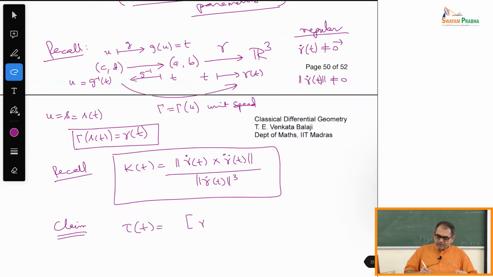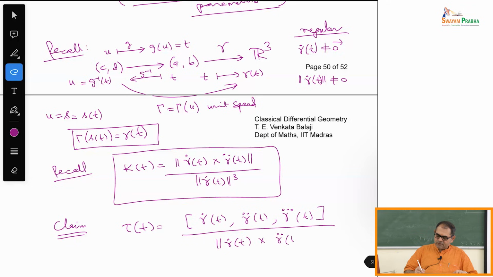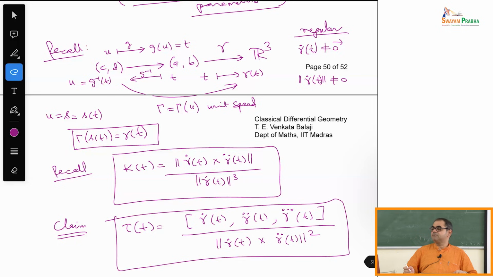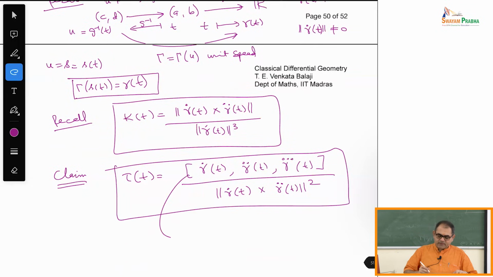The scalar triple product gamma dot of t, gamma double dot of t, gamma triple dot of t, divided by norm gamma dot of t cross gamma double dot of t, whole square. This is the formula for the torsion. And of course, the numerator is the scalar triple product. You can write it variously as gamma dot of t cross gamma double dot of t dot gamma triple dot of t.